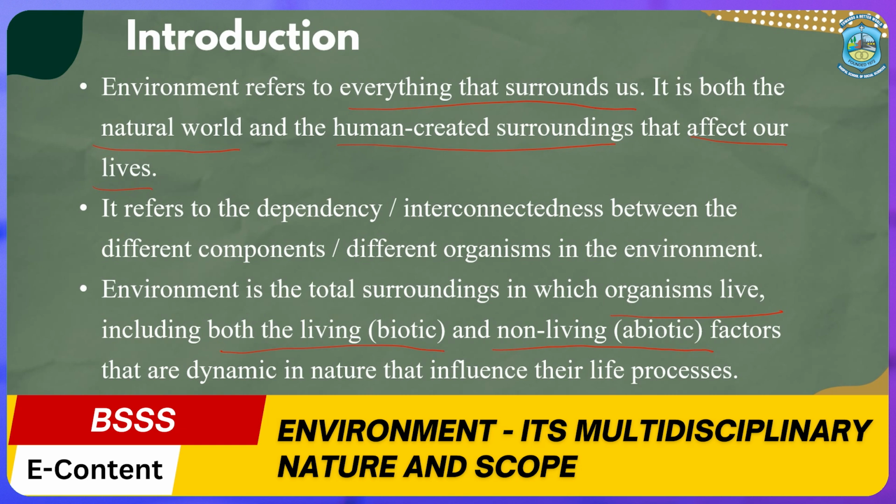So we can understand through this example that if any component of the environment faces changes, it directly impacts our lives as well. Environment is everything that surrounds us, both abiotic and biotic, and these things affect our living conditions and shape our health.